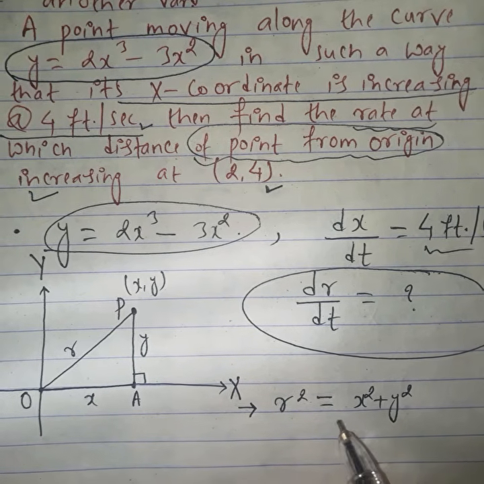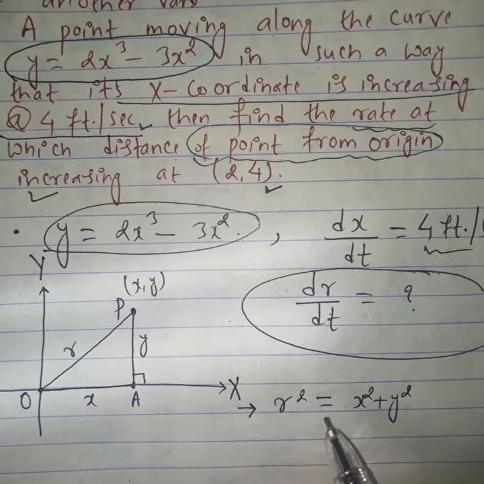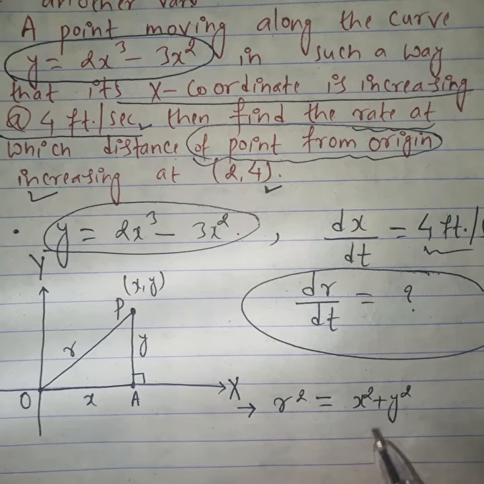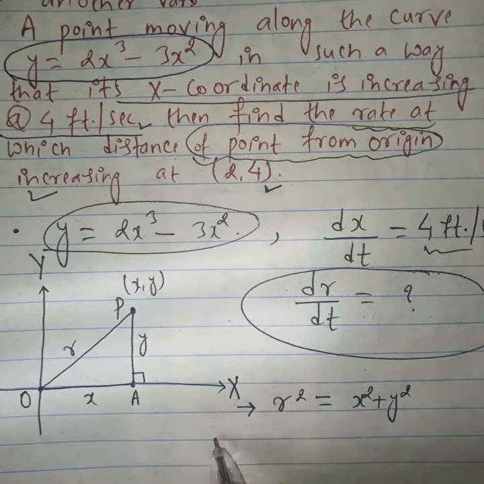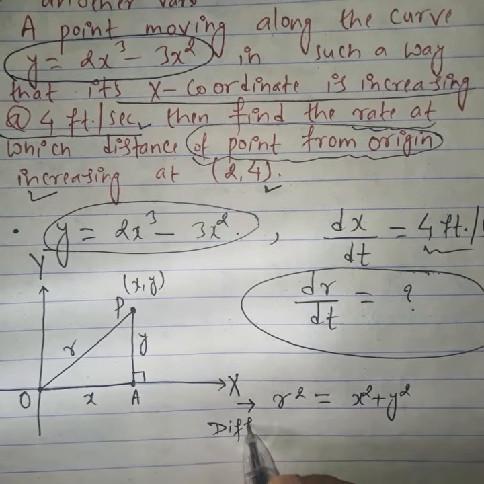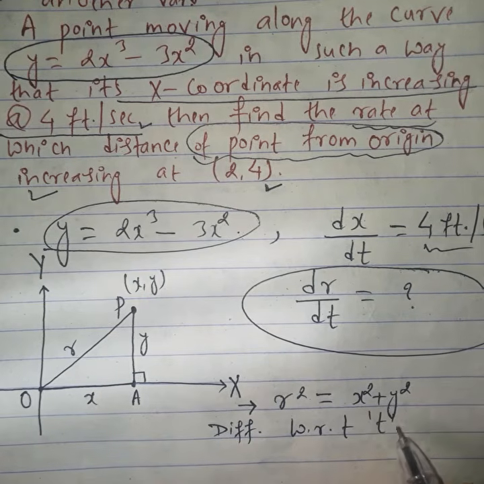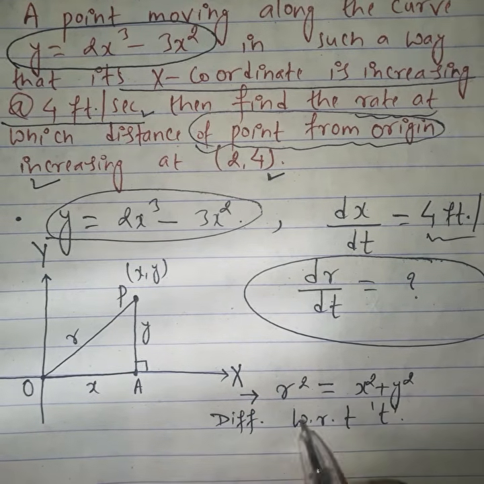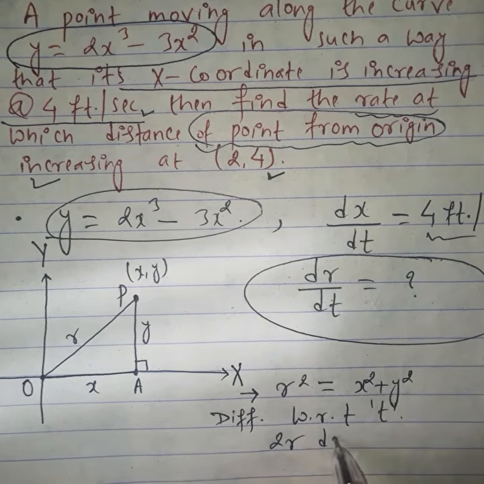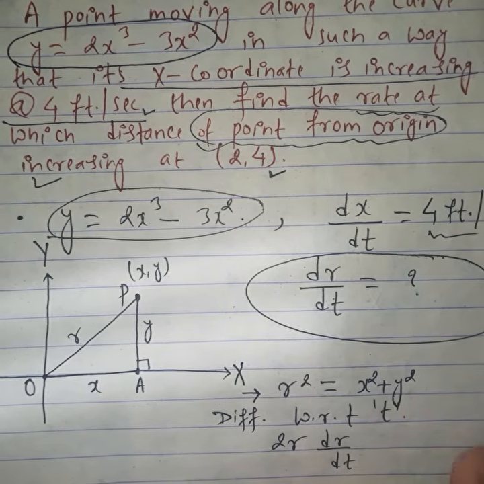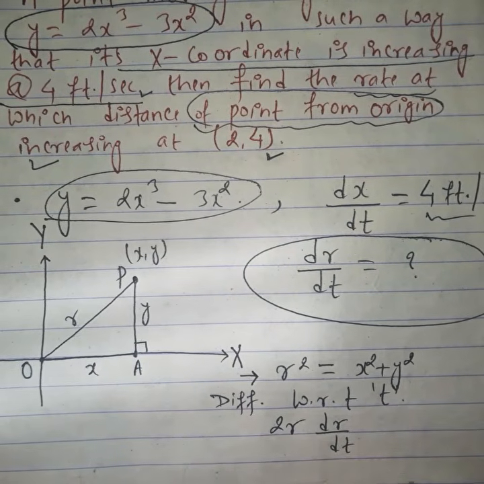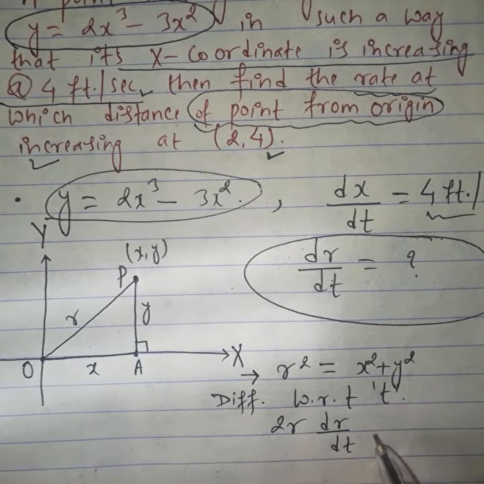And let's differentiate this equation by implicit differentiation with respect to the time. Differentiating this equation with respect to the variable t, t meaning time. This gives 2r dr over dt. Here we just use the chain rule of the derivative.